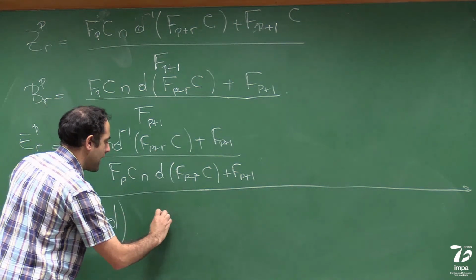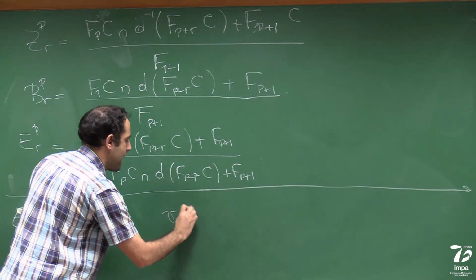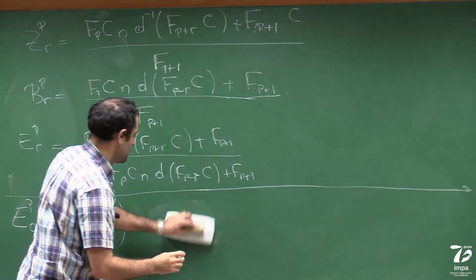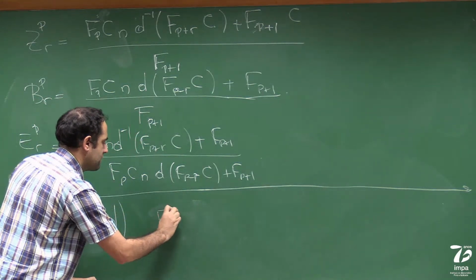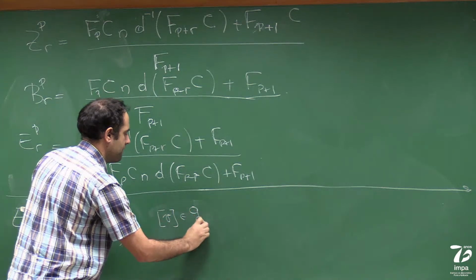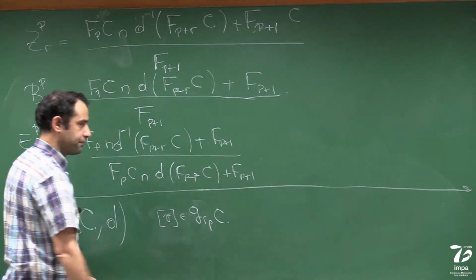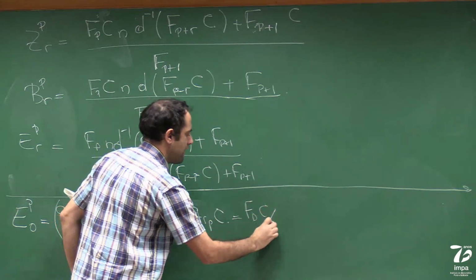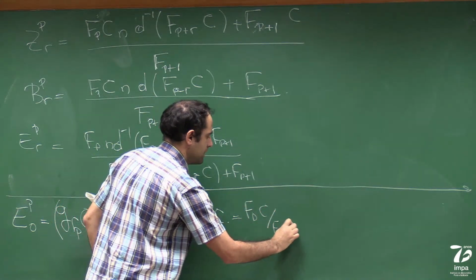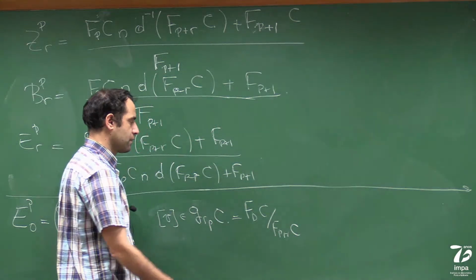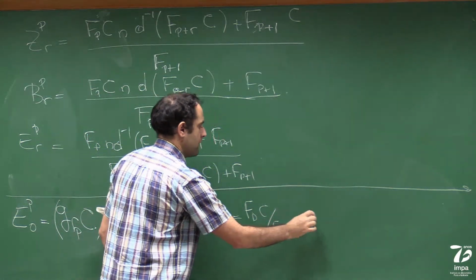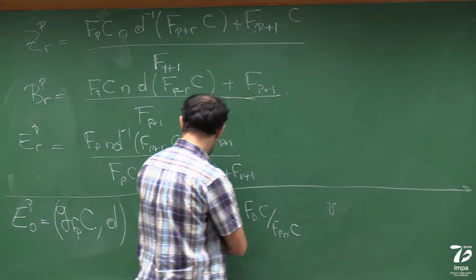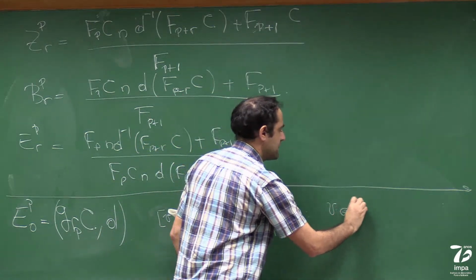If you give me a class v in Gr^p C, this is F^p C divided by F^{p+1} C, so this v is the class represented by an element in F^p C.